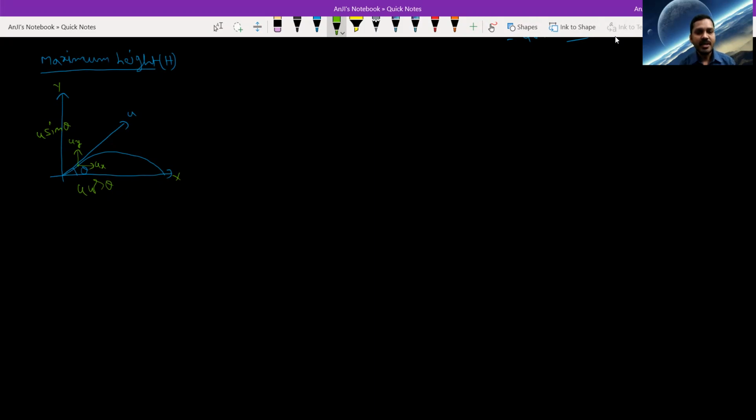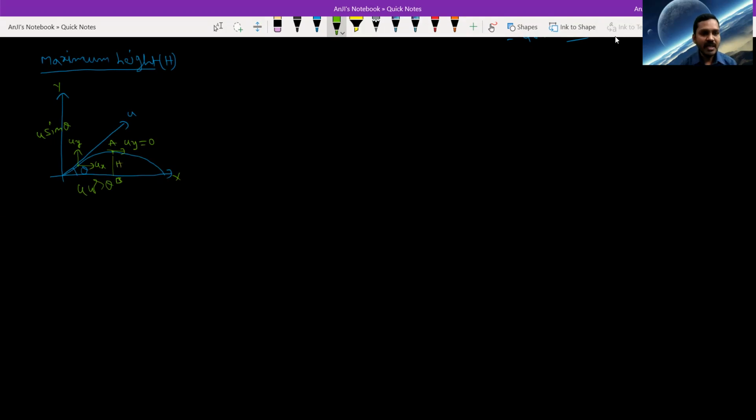But at a particular point, the velocity along y direction is 0. That point is called maximum height. Suppose at this point uy is equal to 0. Therefore, taking this point A and B, the distance between A and B is called maximum height. It is denoted by h.